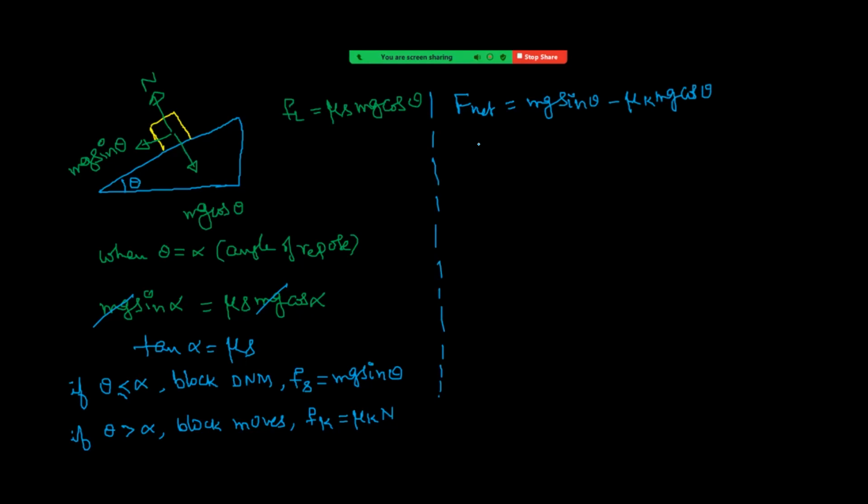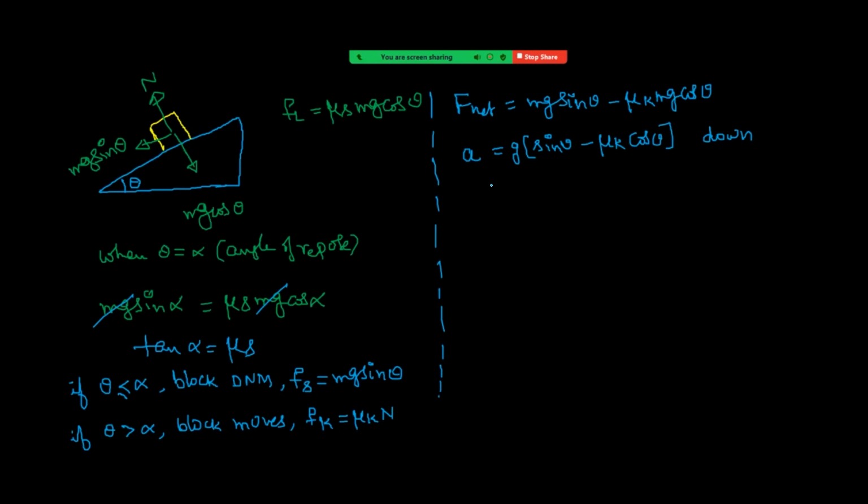From this, I can say acceleration is g into sine theta minus mu k cos theta. This is when the block is moving down.